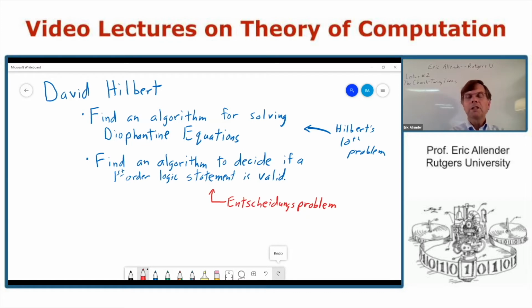And in order to do this, a major stumbling block was the fact that nobody had come up with a formal definition of what an algorithm is. I mean, mathematicians have been building algorithms for centuries, if not longer, but they just knew an algorithm when they saw one.